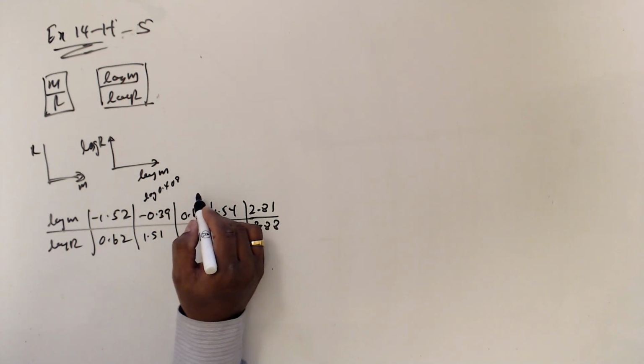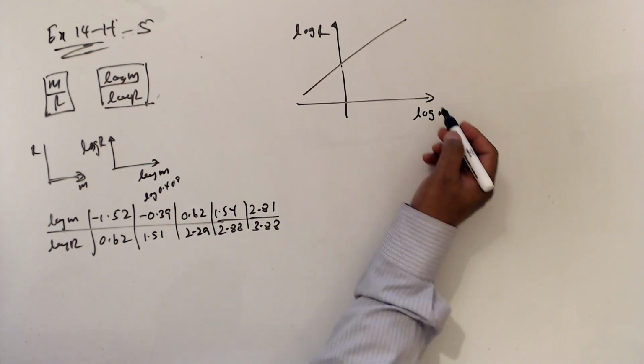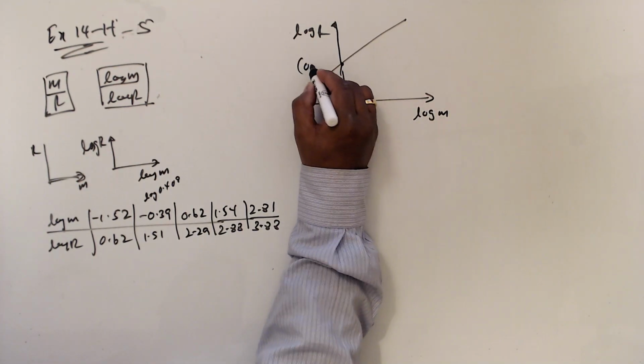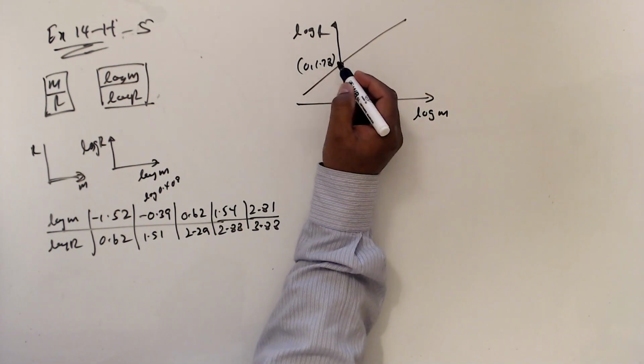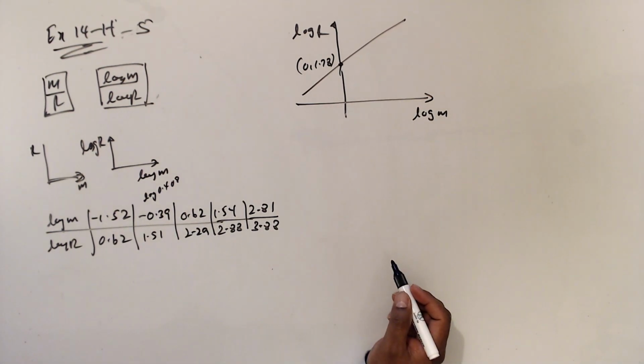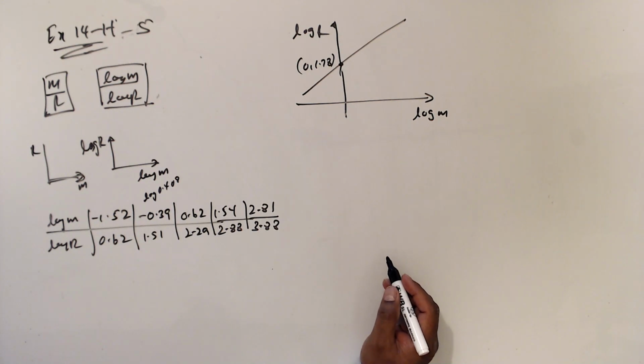Likewise, when you take the logs and draw this, you get a line like this, approximately going through 1.78 when you plot properly.